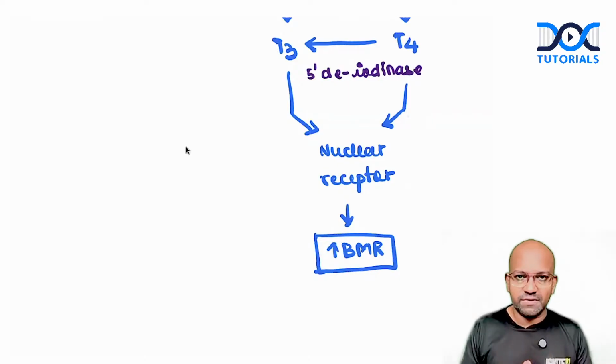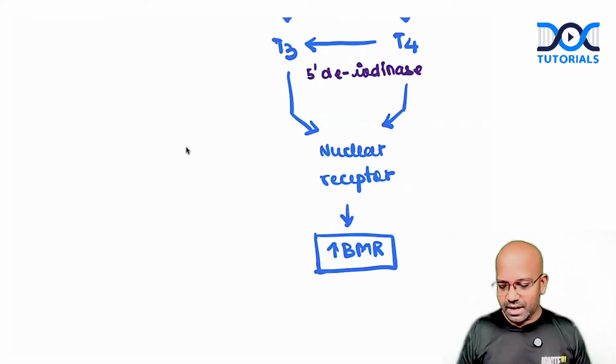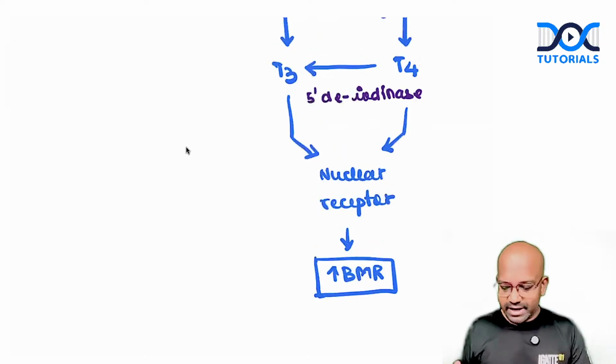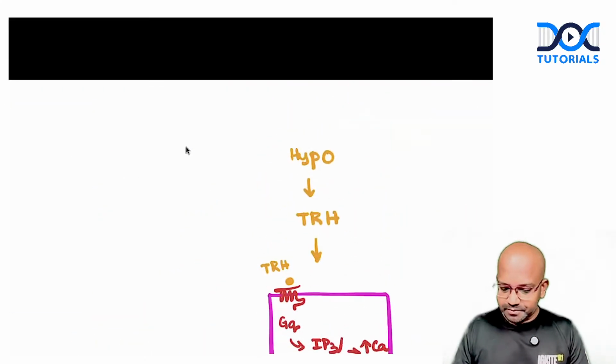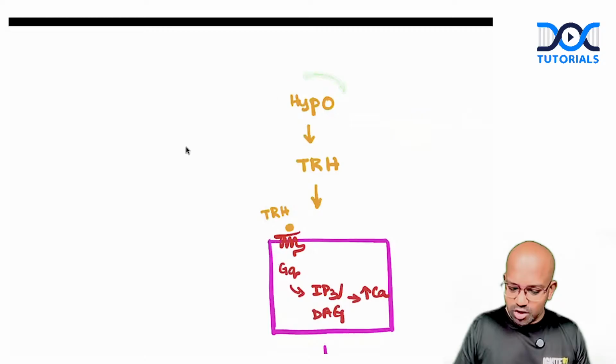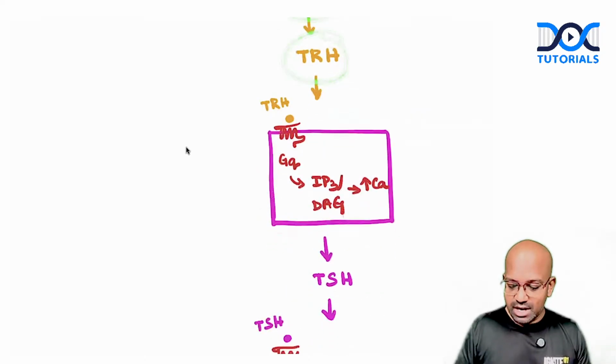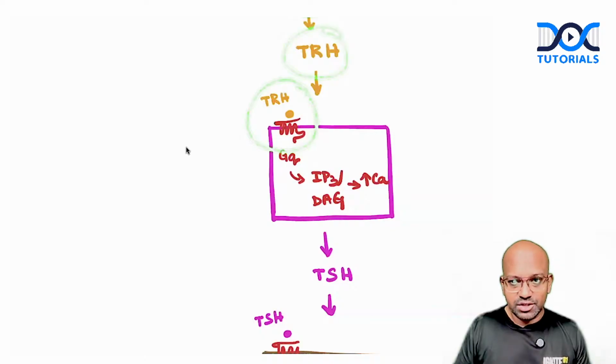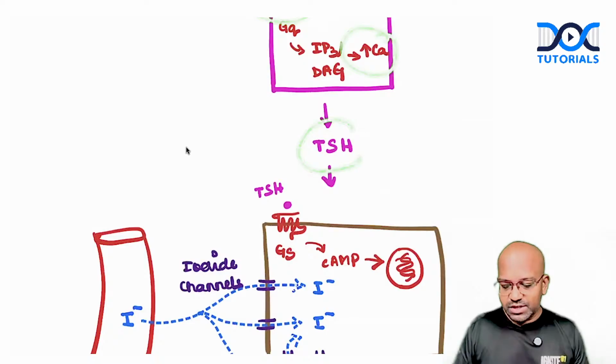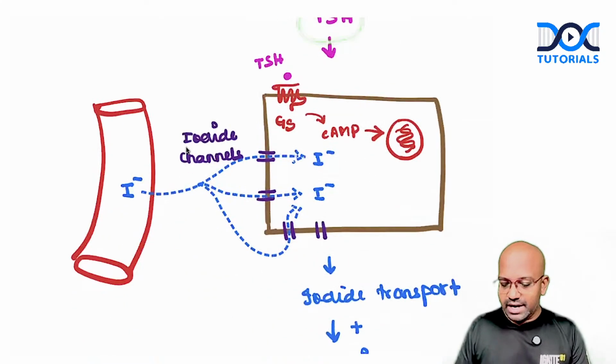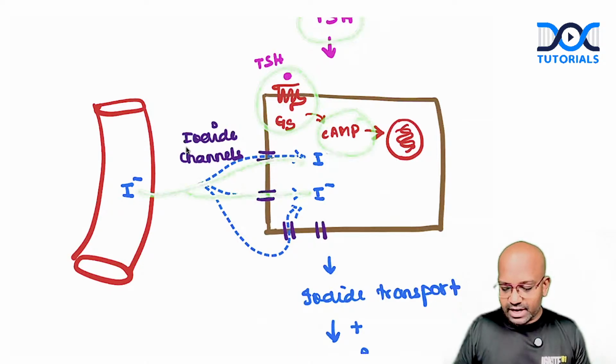We'll be sticking to pharmacology as much as possible. So a small recap, my dears. What exactly has happened over here? From the start, there was release from the hypothalamus. TRH was released, which in turn has bound with the TRH receptor, thereby increasing intracellular calcium, which tends to release the TSH molecule. TSH in turn will bind with the Gs receptor, increasing intracellular cyclic AMP, thereby more intake of iodide inside those follicular cells.